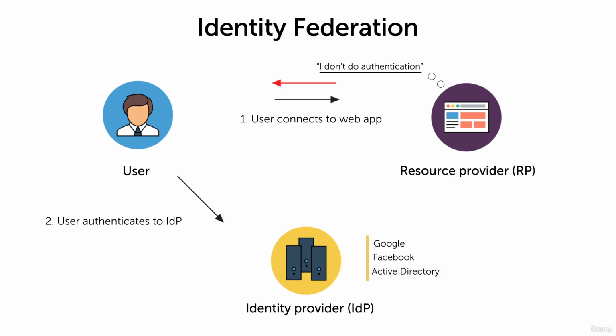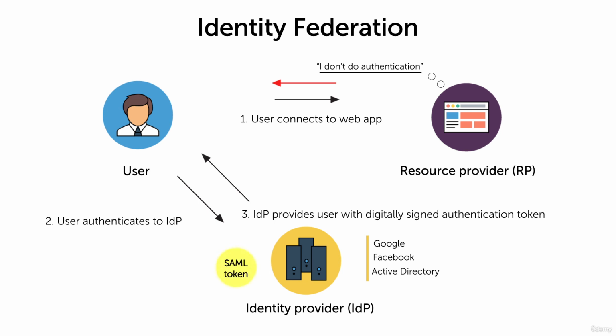After the user successfully authenticates, the identity provider will digitally sign an authentication token. And if it's configured to use SAML, we'll call that a SAML token, but there are different types of configurations. So now that SAML token is sent back to the user device. And the user device then passes off that SAML token, in this case to the web app, to the resource provider.